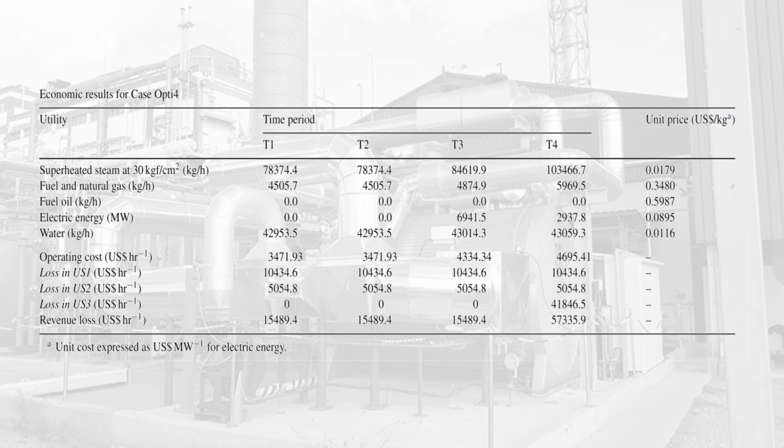The optimal operating costs obtained in time periods 1, 2, 3 and 4, are $3,472, $3,472, $4,334, and $4,695 per hour, respectively. The revenue loss due to the shutdown of Unit US3 was $41,846 per hour.